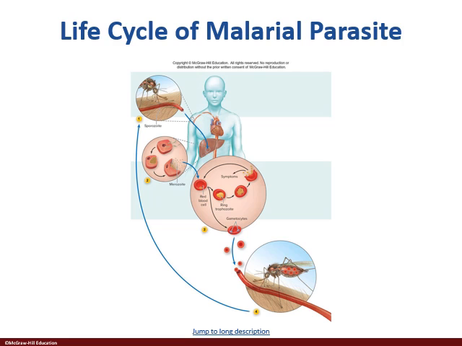Gametes that will be taken up during the next blood meal by another mosquito. They go into the mosquito. Once they're in the foregut, hindgut area, they start fusing together to start forming zygotes, which will go through cellular division, and you get new Plasmodium.